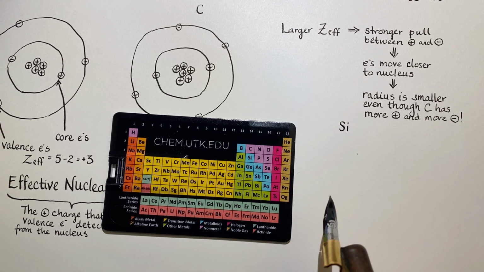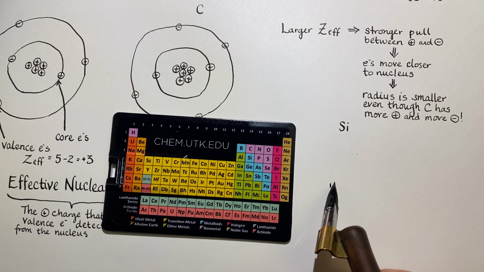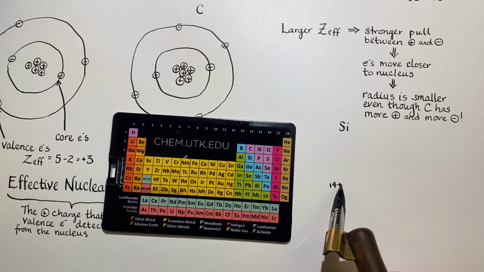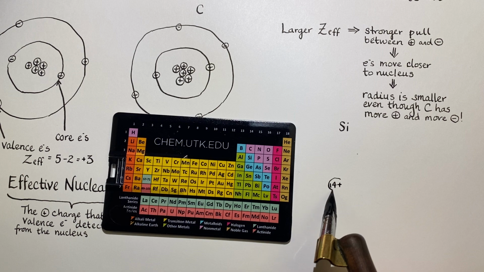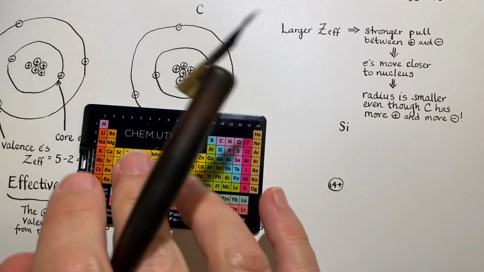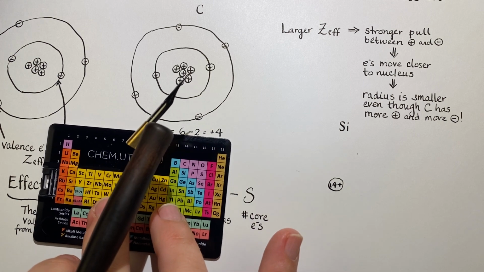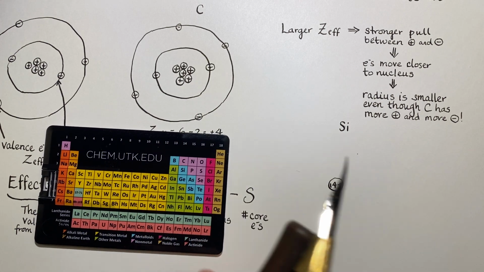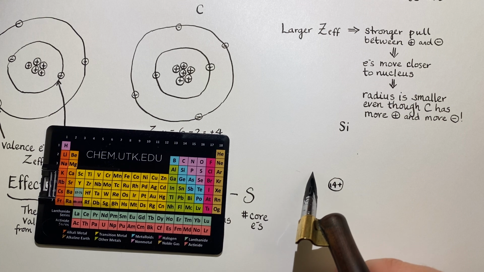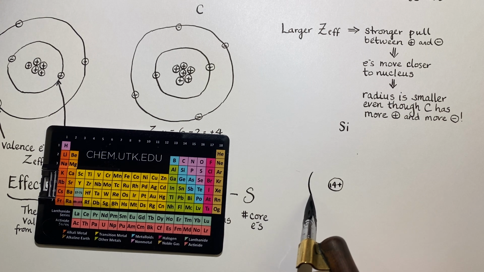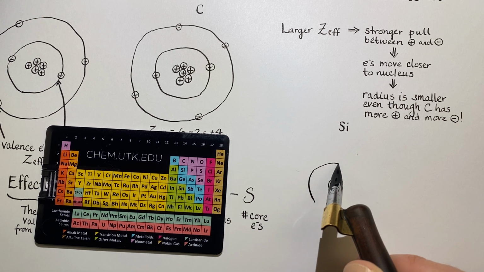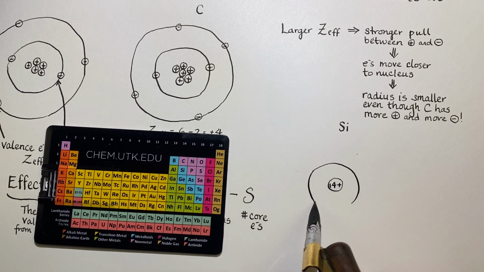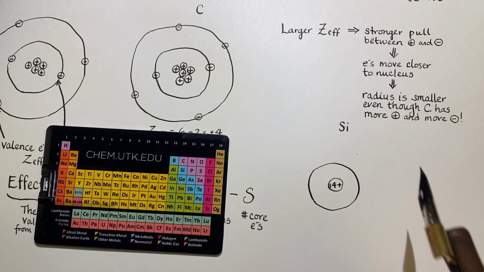Okay. So we've got our 14, and I don't think I'm going to draw 14 little protons, but instead I can say, hey, here's our nucleus. There are 14 protons. All right. And we have, as always, our innermost shell that holds the 2 electrons.